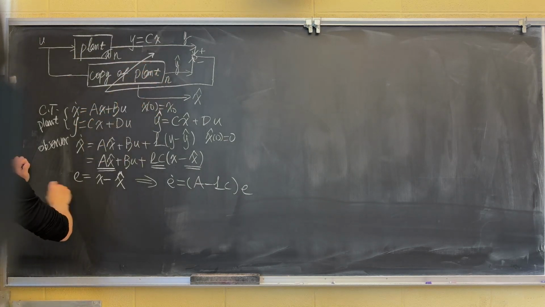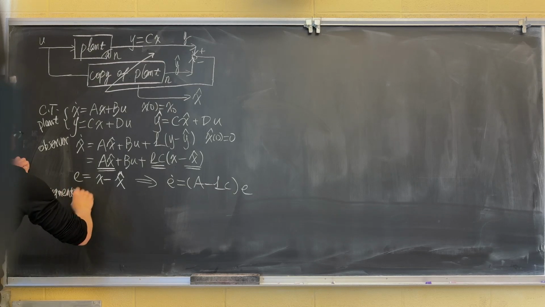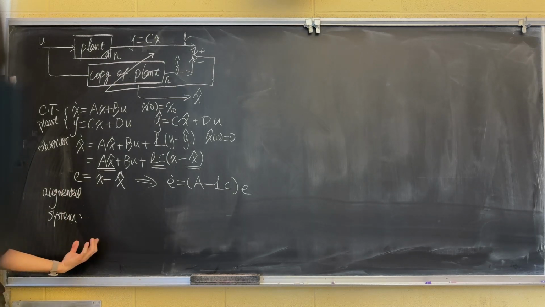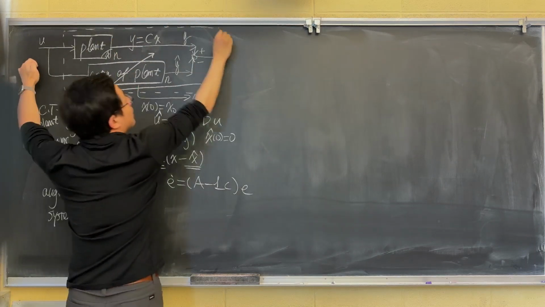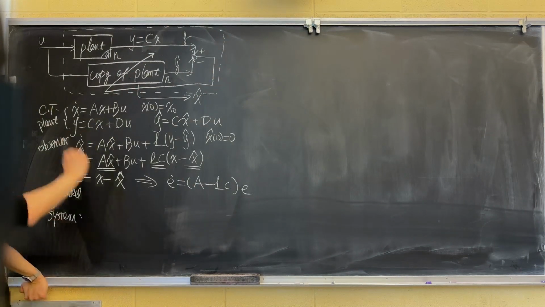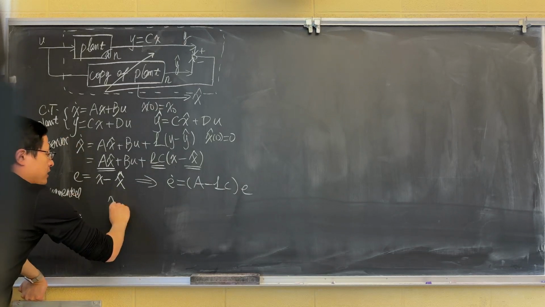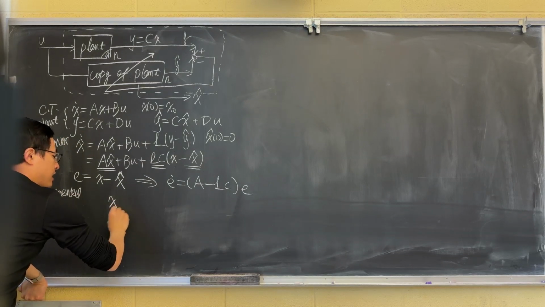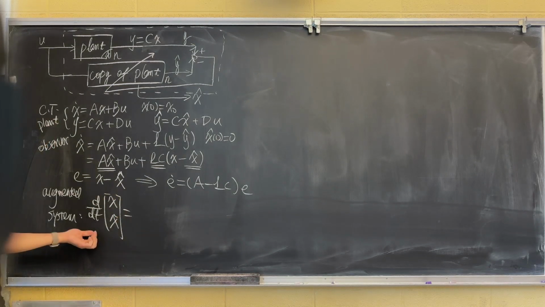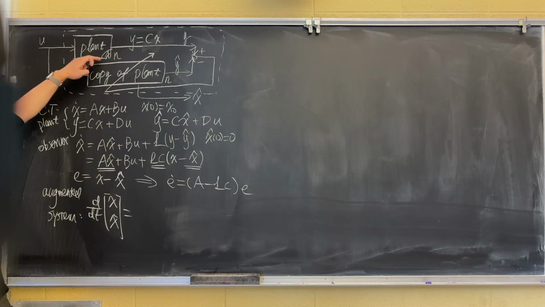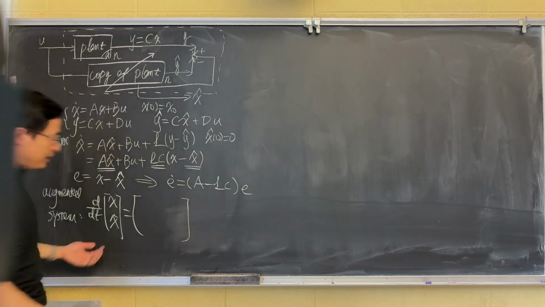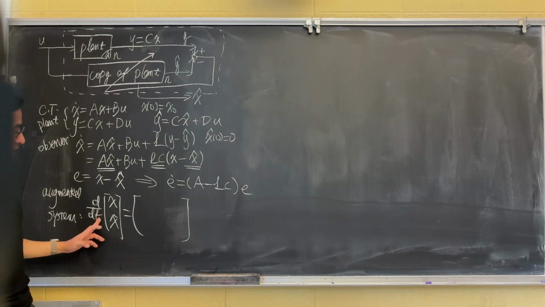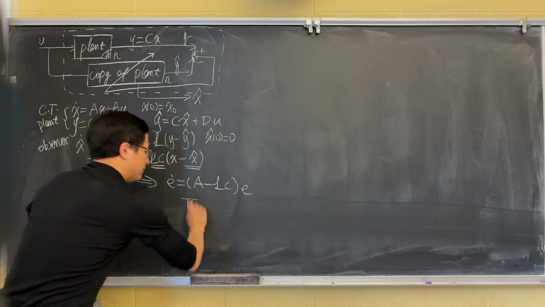So we would write the augmented system. We would combine these two and treat this as the entire augmented model, one about x, another about x hat. For this new system, it has two sets of states, x and x hat.